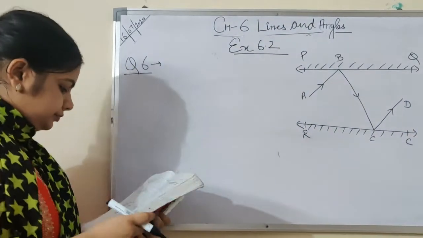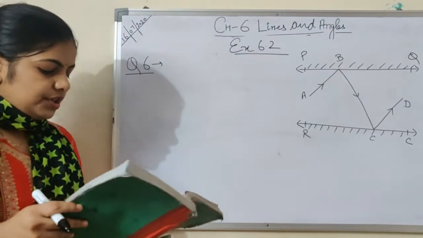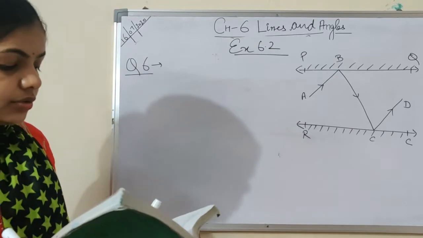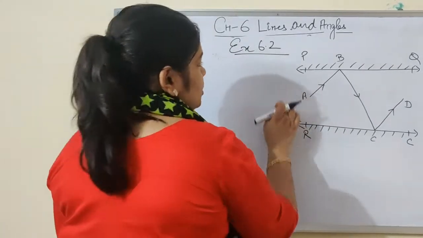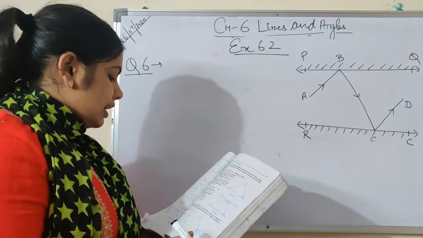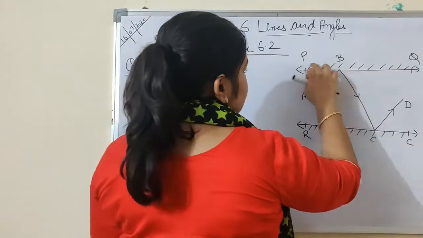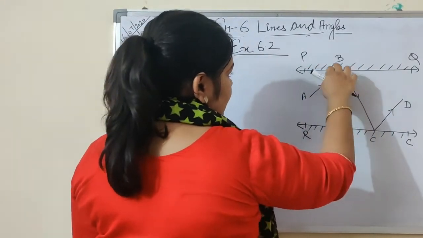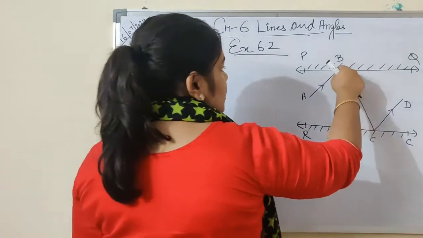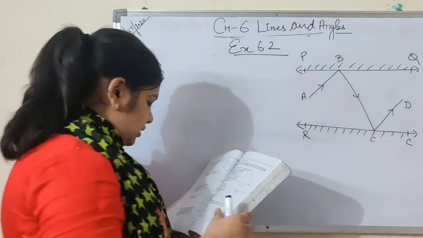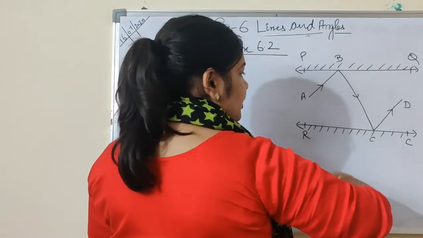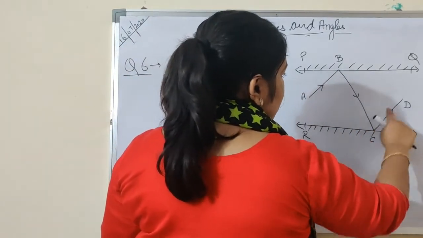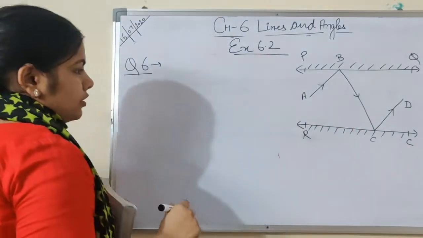Now, according to the question, PQ and RS are two mirrors placed parallel to each other. You can see in the figure. An incident ray AB strikes PQ at B and then the reflected ray moves along BC. Okay, then it reflects again along CD. You can see in the figure.